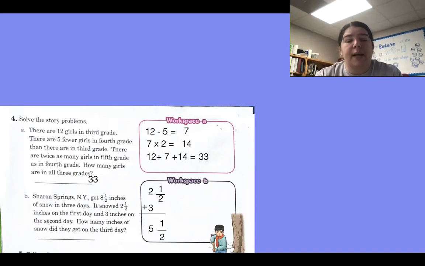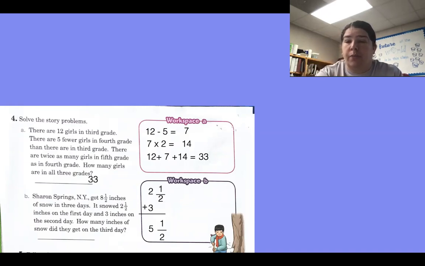All right, but that's not the answer that they're asking. They're asking how many inches of snow did they get on the 3rd day? Now, if they got 8.5 inches in all, and on the 2 days, they got 5.5, that's what we said, 5.5 inches. But in all, there were 8.5 inches.